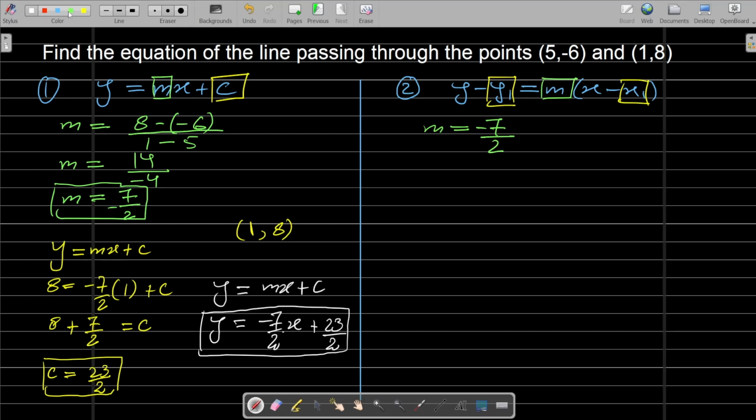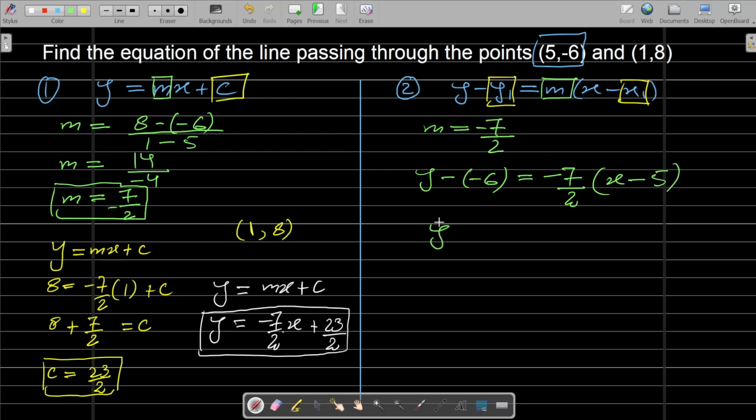So just to make sure and just to give you the complete and core concept, this time I will use this point right here just to show you that even if you apply this method by choosing a different point, still the result will be same in both the methods. So y minus the value of y1, which is negative 6, is equal to m. The value of m is negative 7 by 2. X minus the value of x1, which is 5.